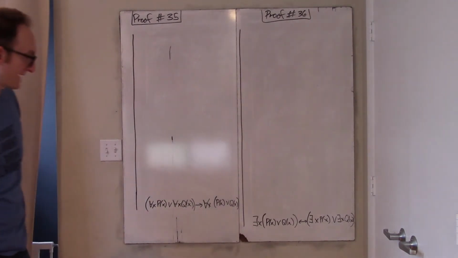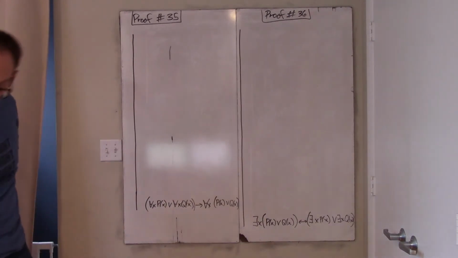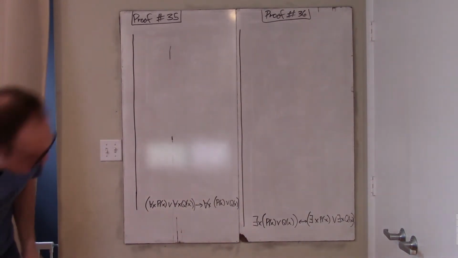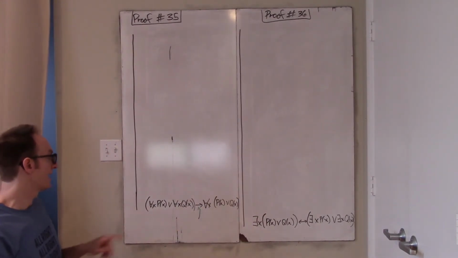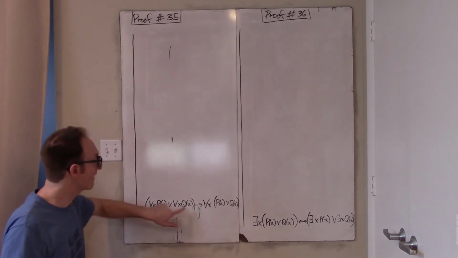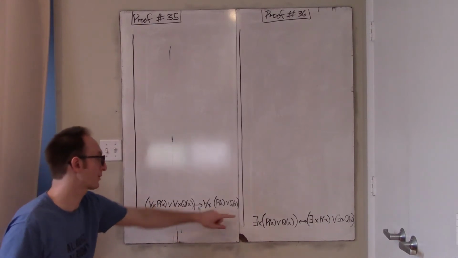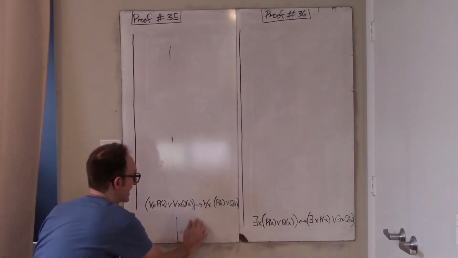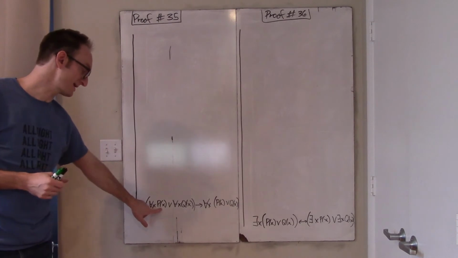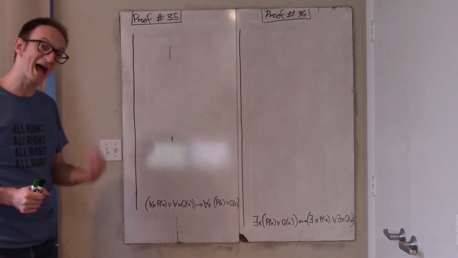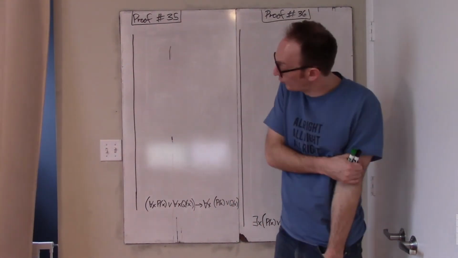Down here, look down here and you will see we have this sentence. The main connective of this sentence is an arrow. What the sentence says is that if everyone has property P or everyone has property Q, then everyone has property P or Q. If it's true that either everyone has property P or everyone has property Q, then I can say about every person that they either have property P or Q. I feel like that's just true, right?